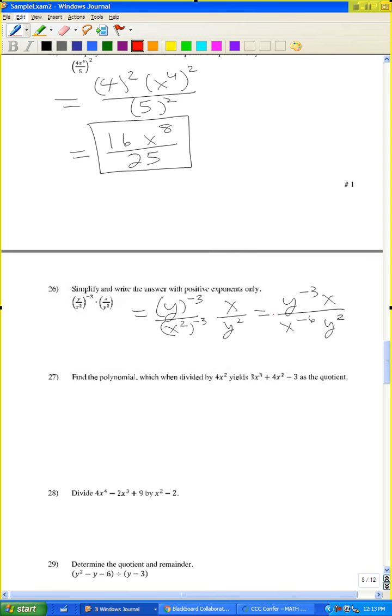Since I have negative exponents, let's bring this one down and bring this one up. Okay, so I get x times x to the 6 over y cubed y squared, which is equal to x to the 7 over y to the 5th.